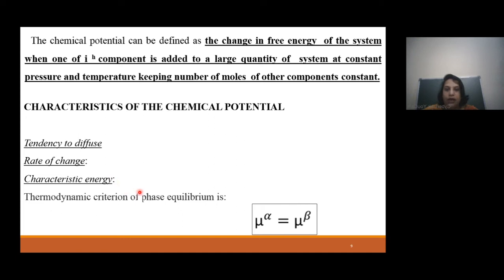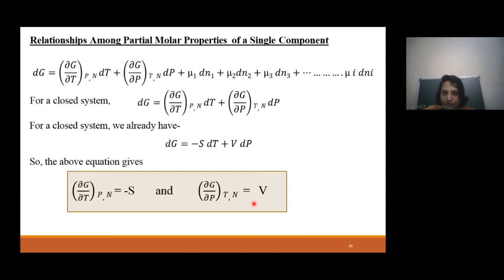And the thermodynamic criterion of phase equilibrium is mu alpha is equal to mu beta. Alpha and beta are two phases, mu is chemical potential, and when we say two phases are in equilibrium, that means thermodynamically mu of alpha is equal to mu of beta. That means the chemical potential of both phases is equal.